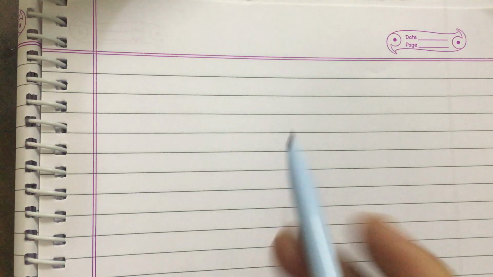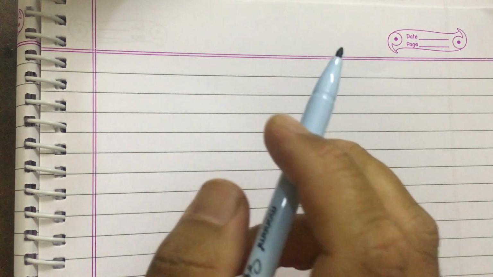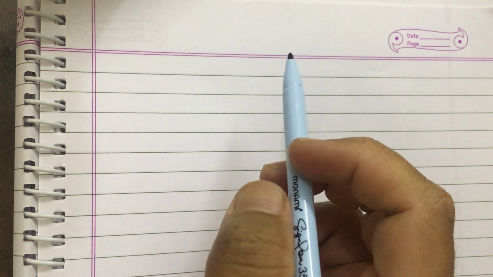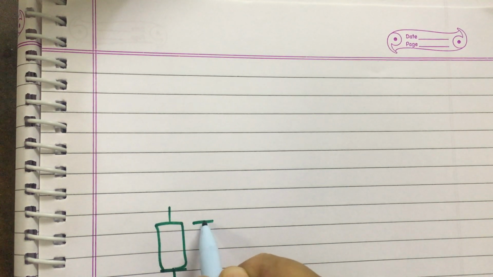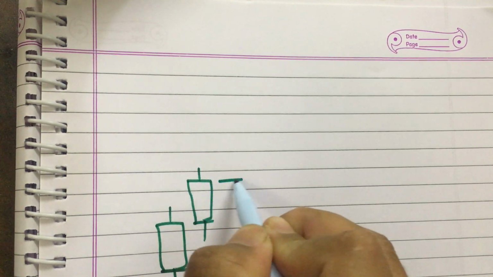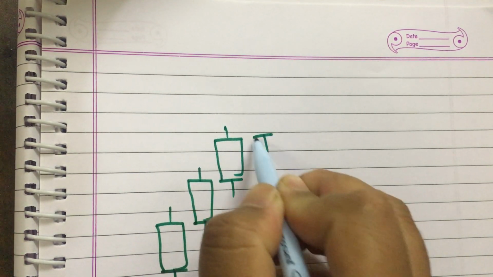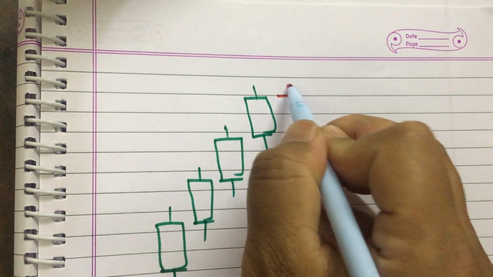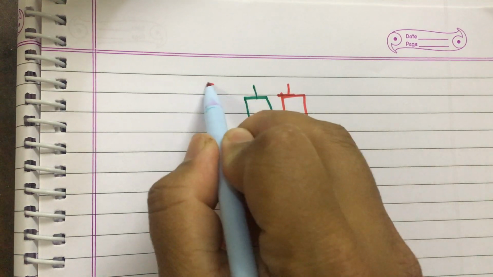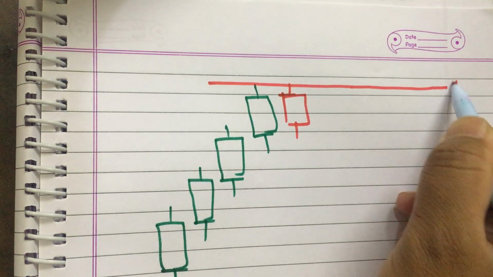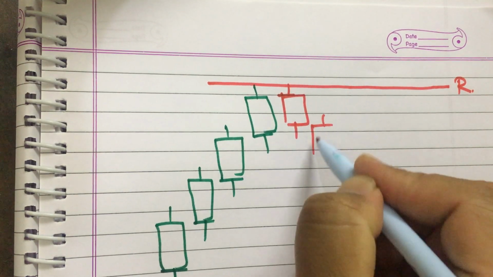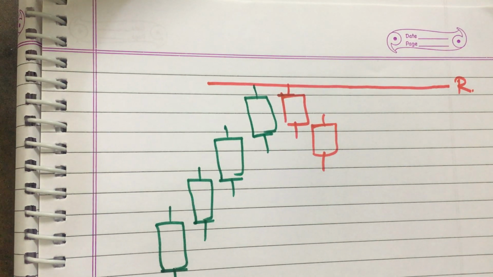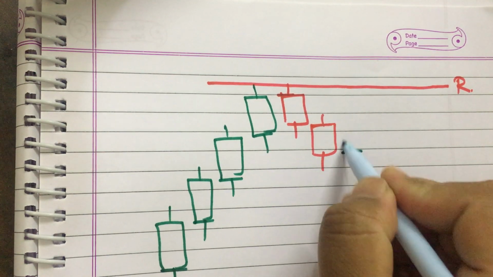If the overall trend was up like this, the candle printed like a bullish candle, the next candle printed like a bullish, and the next candle also printed like a bullish, next candle also printed like a bullish, and then immediately the next candle printing like a bearish, meaning the resistance has formed at this point. The next candle printed like a bearish, and if you look here, the next candle printed like a bullish.